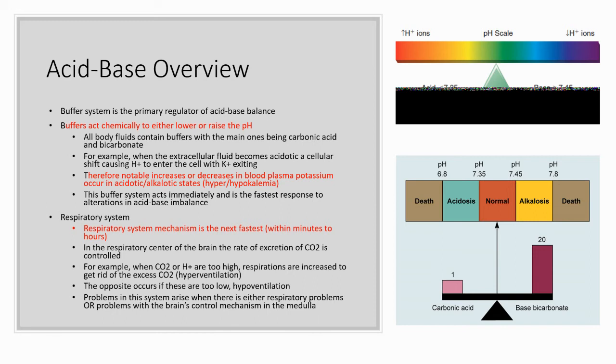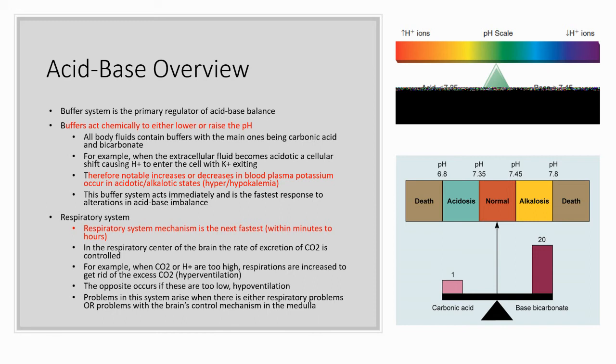Therefore, increases or decreases in blood plasma potassium occur in acidotic and alkalotic states. So, what do we know about potassium? Well, we have to remember the terms hyper being elevated and hypo being decreased. This buffer system acts immediately and is the fastest response to alterations in the acid-base imbalance that's going on in the body.